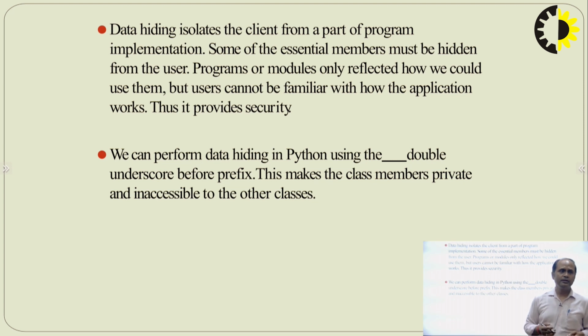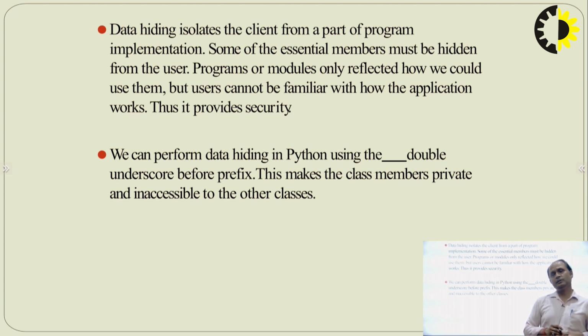Data encapsulation, or data hiding, isolates the client from part of the program implementation. Essential members must be hidden by developers from the user program or module; only how to use them is shown, but the user is not familiar with how the application works.